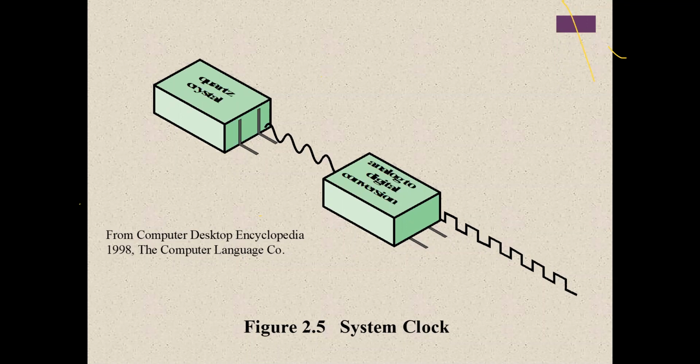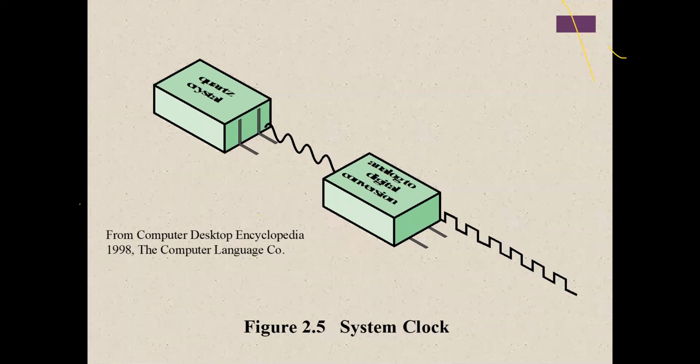Now it gives us an output of a sine wave or sinusoidal curve. And this sine wave is received by A to D converters, analog to digital converters, which would transform this into pulses for the clock.